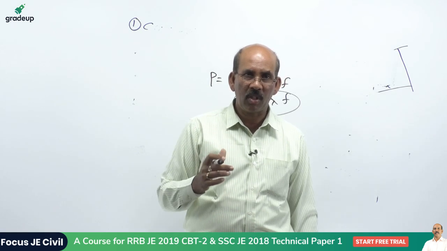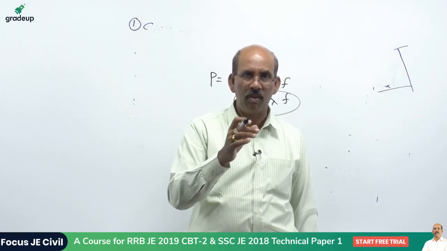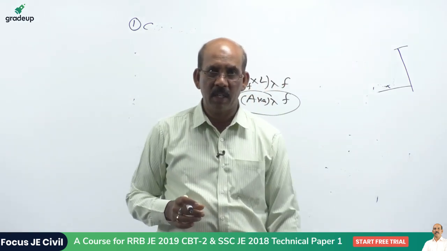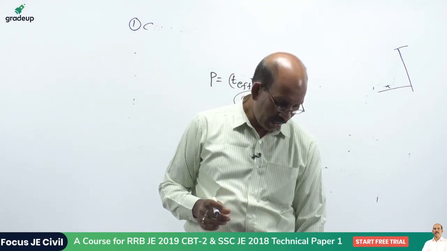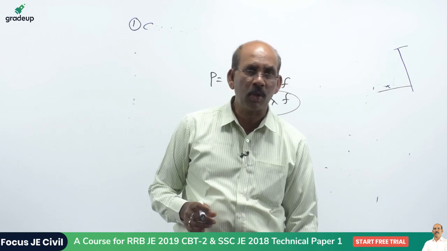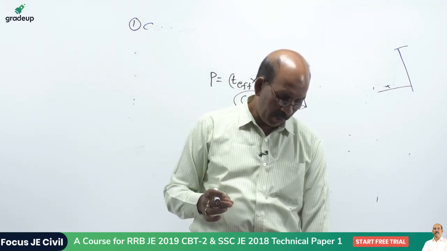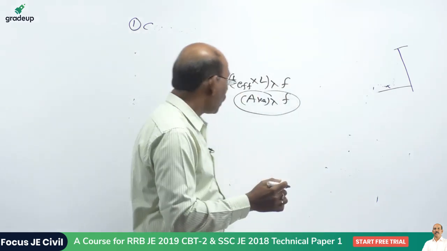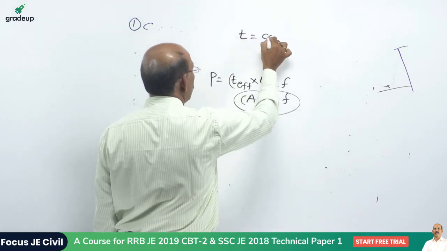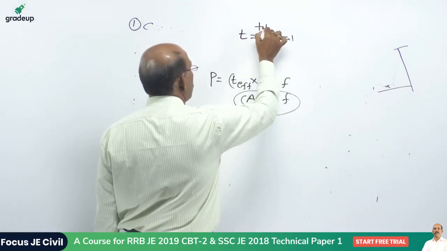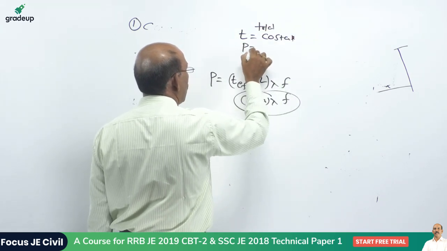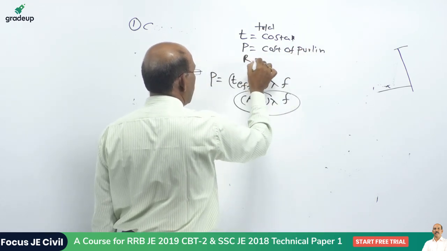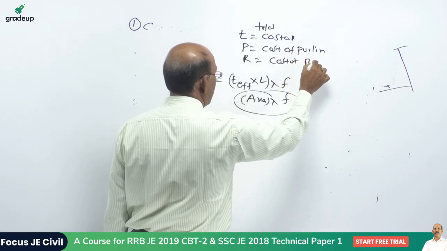Tushar Chandan, sir, I was asking about the value of economical spacing for roof truss; is the question asked in exams? Definitely, Mr. Tushar, it's a very good question. With reference to the economic spacing, the cost T is the total cost, P is the cost of the purlin, and R is the cost of roof material.